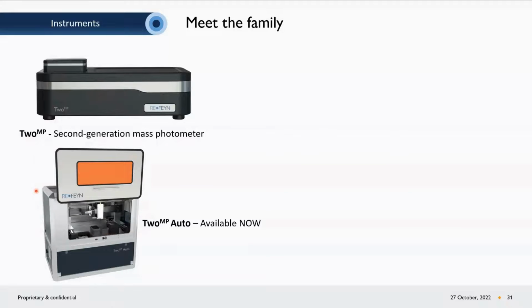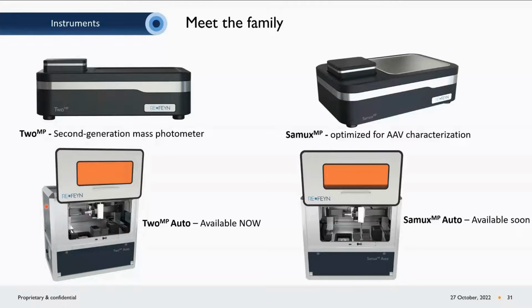If you have an older generation 1MP, that also is compatible. And I'm very excited to today inform you for the first time that we'll also have our SamuxMP, which is the mass photometer optimized for the use with AAVs. We'll have that in the robot, also coming with some new features available soon. So stay tuned.